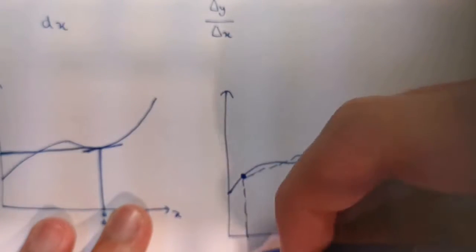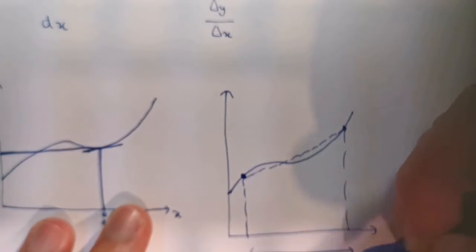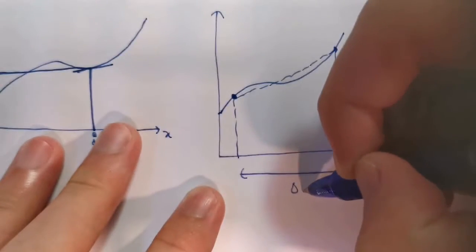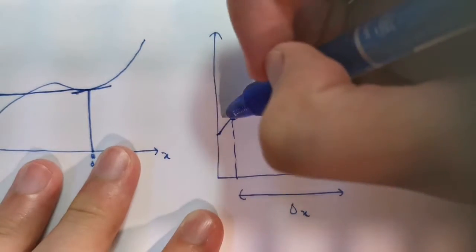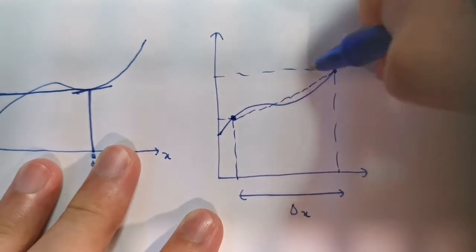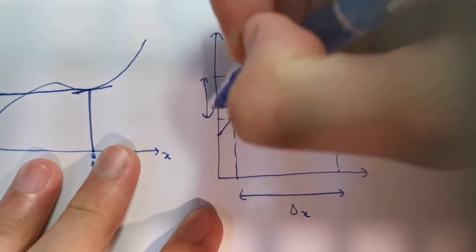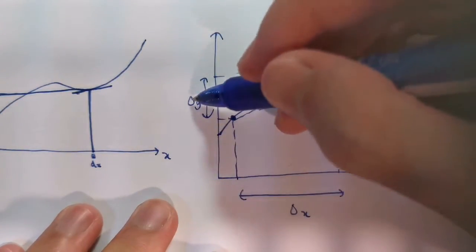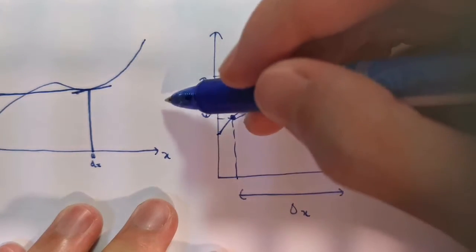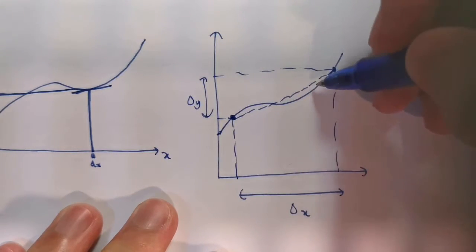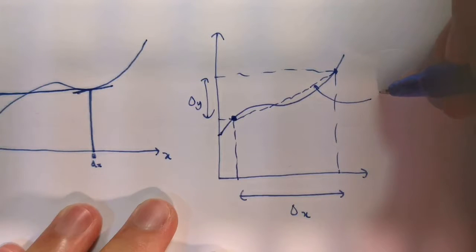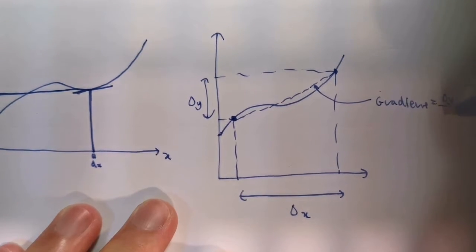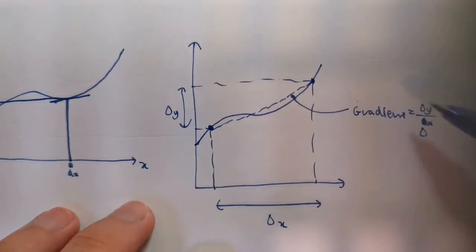The difference in x is your delta x, and the difference in y is your delta y, right? Then delta y over delta x is basically the gradient of this line.